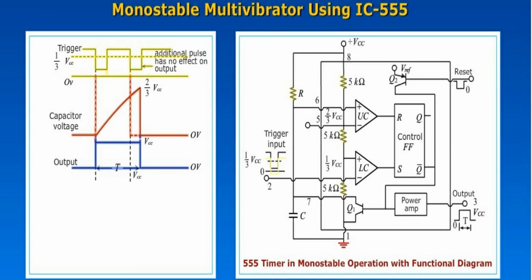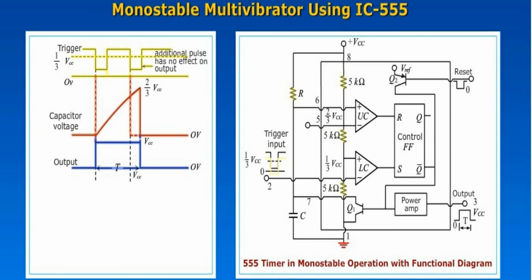The circuit remains in the stable state until the next negative going trigger pulse is applied. The time duration of the monostable multivibrator output signal depends upon the value of the resistor R and the capacitor C.